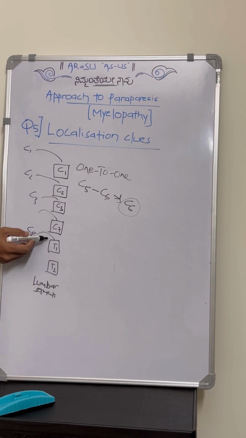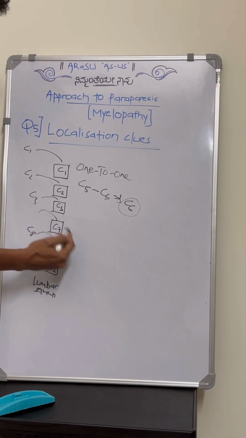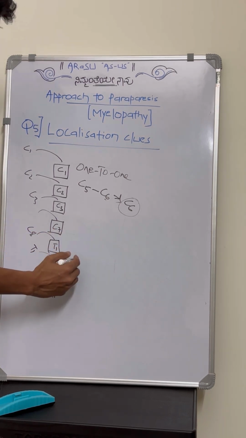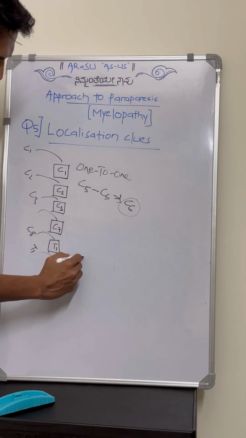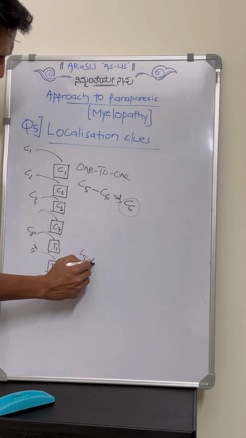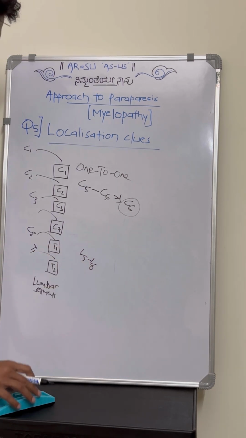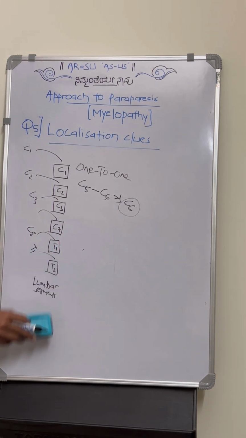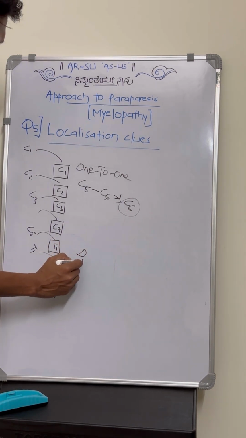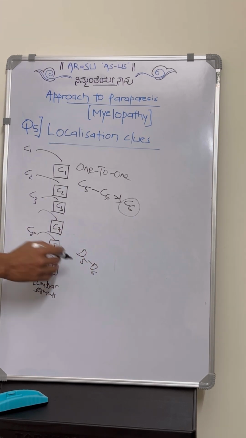Here is the change actually, because there is no C8 vertebra obviously. So T1, above that C8 will emerge out, like that T1 here, and it goes on. Now it has changed. So any lesion here, for example, L5, L6, or as we are discussing here, thoracic, you can consider D5, D6 vertebral lesion.